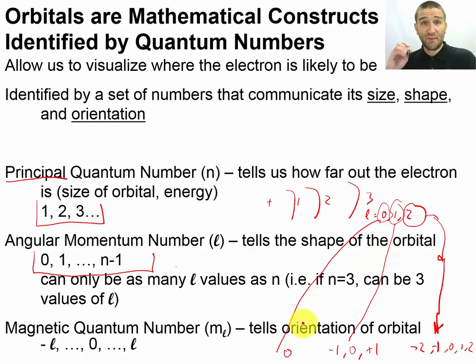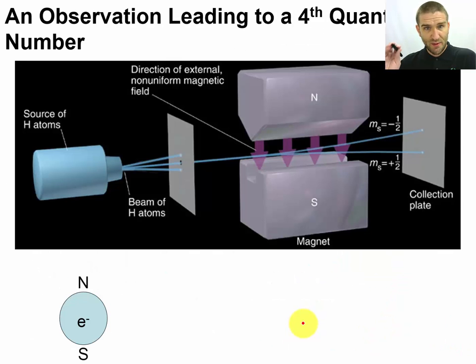Now there is a 4th one, and the book doesn't always point it out right there afterward because it took a while to get there conceptually and also mathematically and in the science. But I think it's easier for us to see all the quantum numbers simultaneously. So let me point out something. If I take some hydrogen atoms, 1 proton, 1 electron, and I shoot them in a beam through a tiny little hole, and I put them through a magnetic field, something interesting kind of happens.